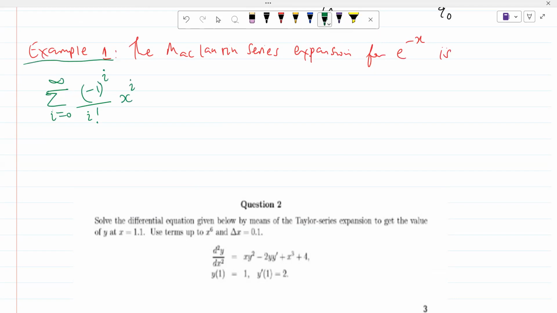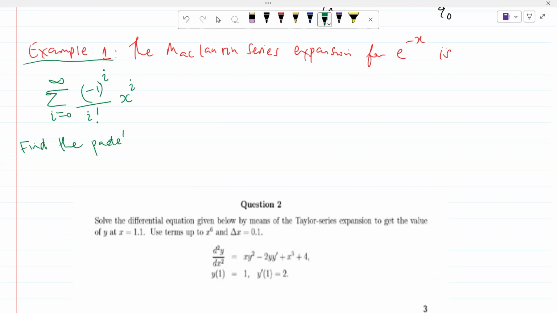So we then say, find the Pade. It's a question, this example.